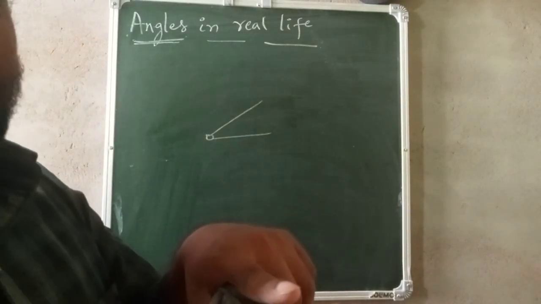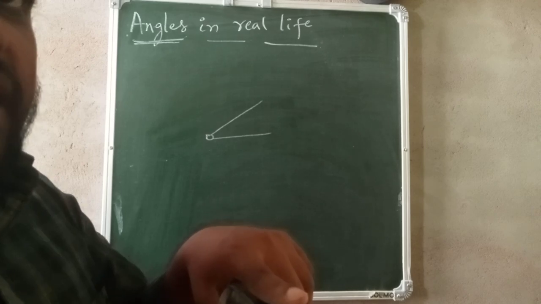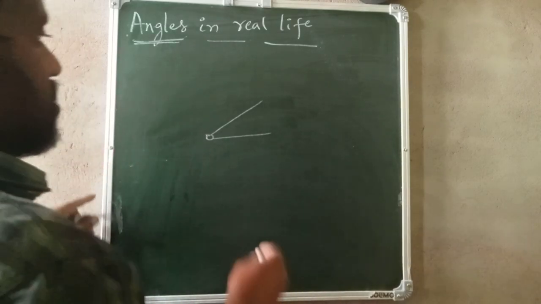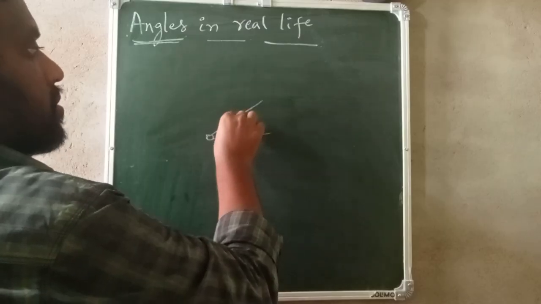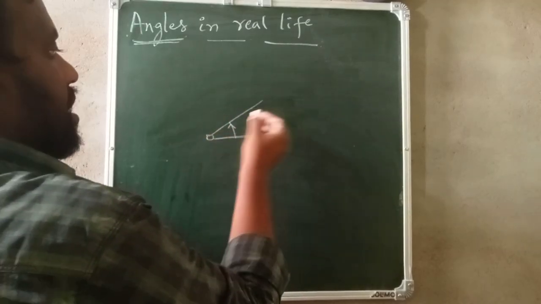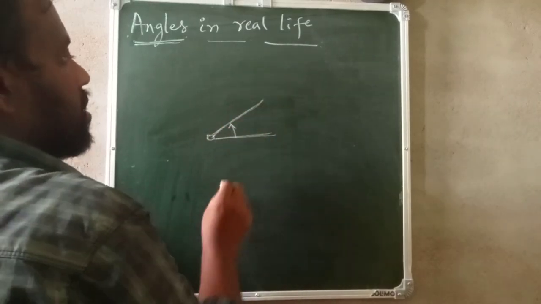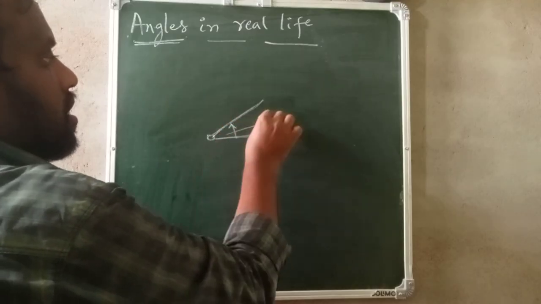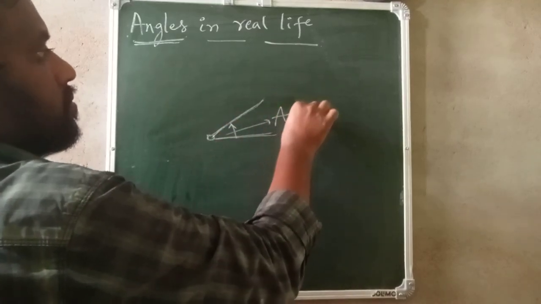For cutting the fingernails, we use a cutter, right? In that nail cutter also you can see some kind of angle formed here. This will be like a straight line, and this will also be like a straight line. The space formed between this and this is the angle.